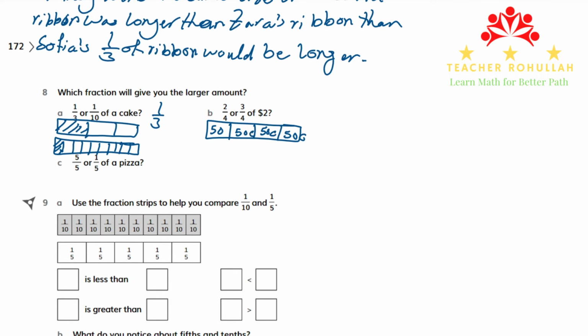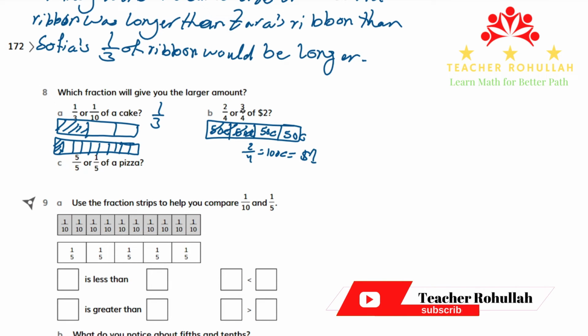I make it so that you can easily understand this. Now, the $2 is cut into 4 equal parts, each part is 50 cents, and this is showing 2/4. 2/4 of $2 is 100 cents, or we can say $1.